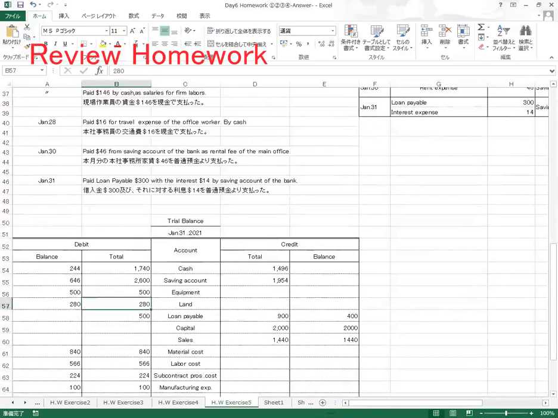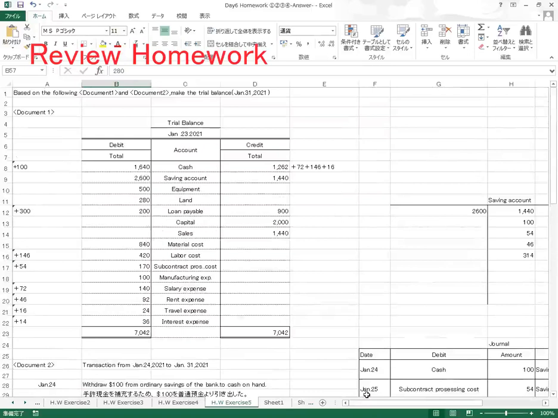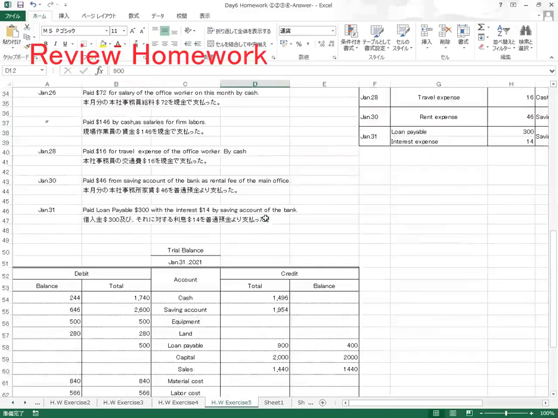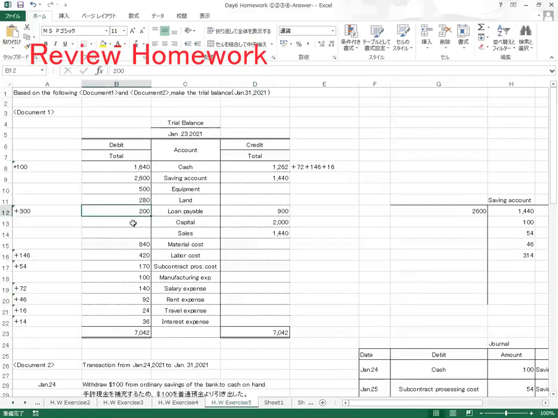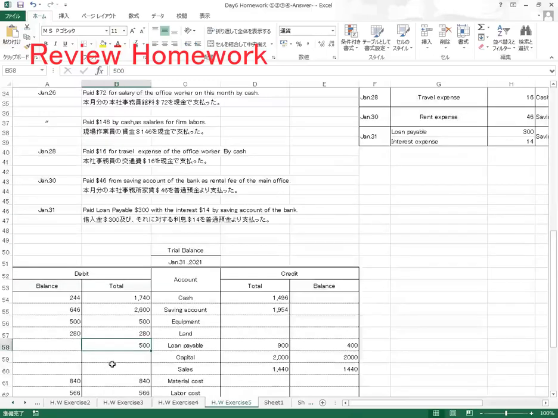Equipment and land have no decrease, no increase, so you just put them. For loan payable, first the home position is the credit side. The credit side is 900, which doesn't change, so 900. The credit side of equipment does not increase or decrease, so you just put 900, but the debit side is increased.